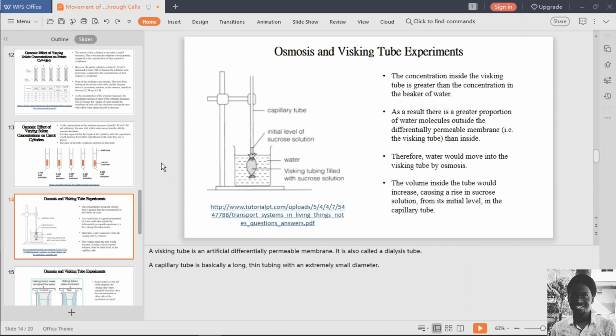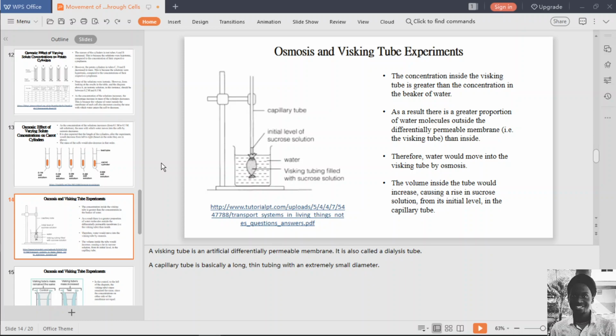And as we said before, a differentially permeable membrane is one that has pores in it that allow water molecules, or small molecules like water, to pass through. The differentially permeable membrane is also found in cells, so we can artificially create one, and that is what we have in the Visking tube.